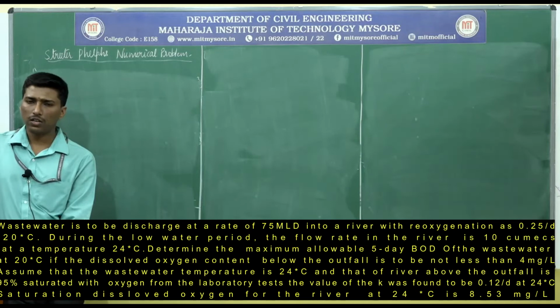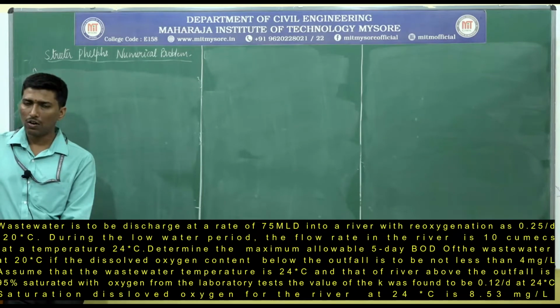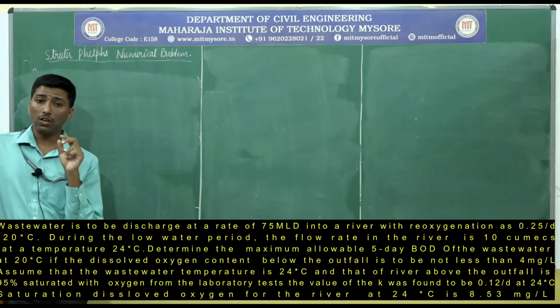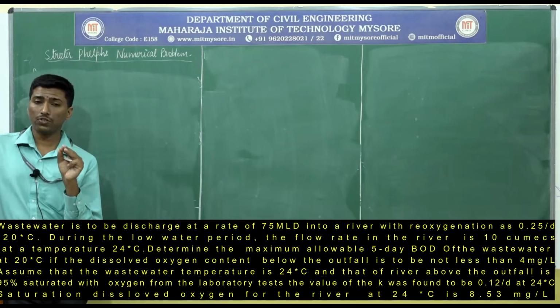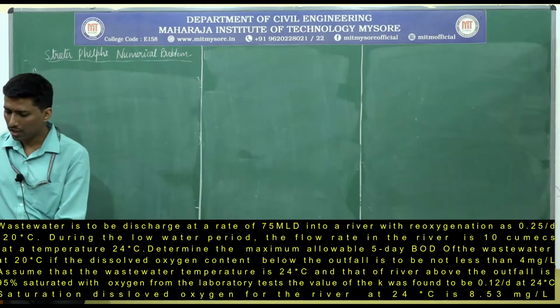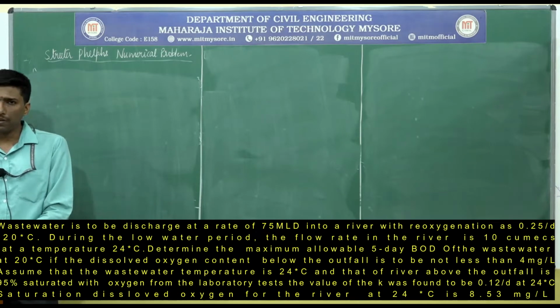See, in the case of problems, whether they give it in terms of R or Ka or K2 or K1, you need to identify clearly. Always the reoxygenation coefficient or reaeration coefficient will be greater than the deoxygenation coefficient. Please do remember the term. With R equal to 0.25 per day, that is nothing but Ka itself, at 20 degrees Celsius.